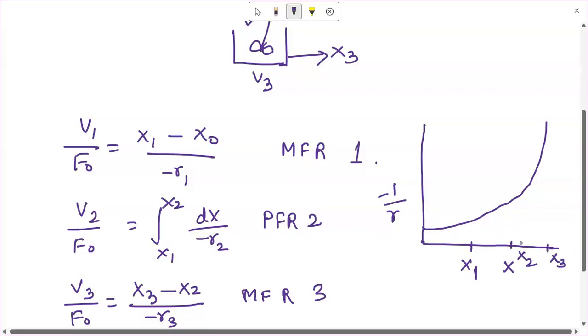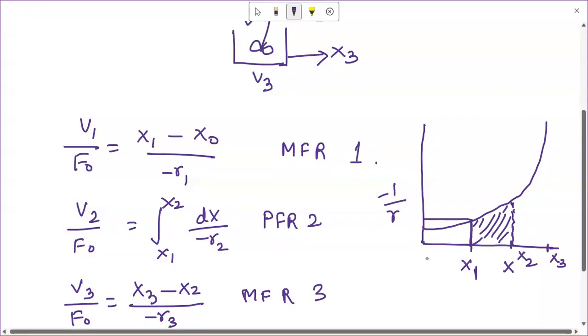In that case, we have a mixed flow reactor first. So for conversion point X1, you will get a rectangle. From X1 to X2, you have a PFR, so you will just calculate the area under the curve, right?